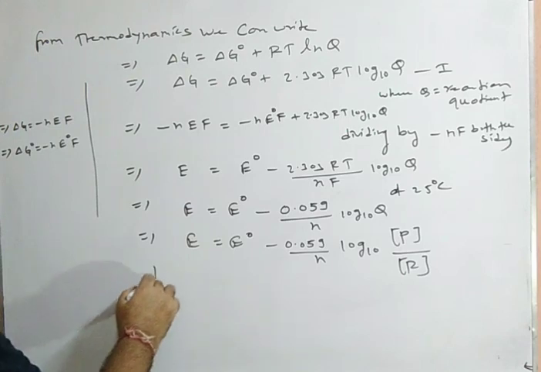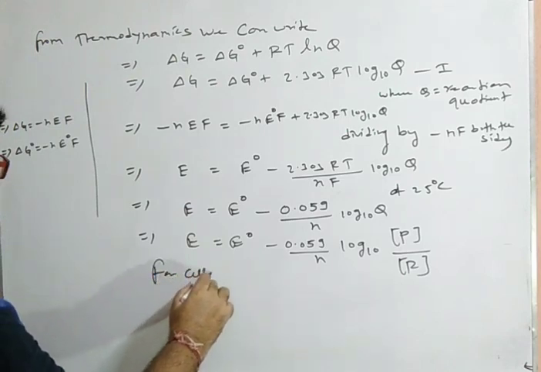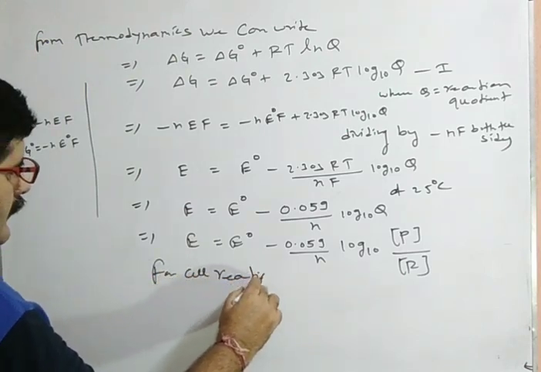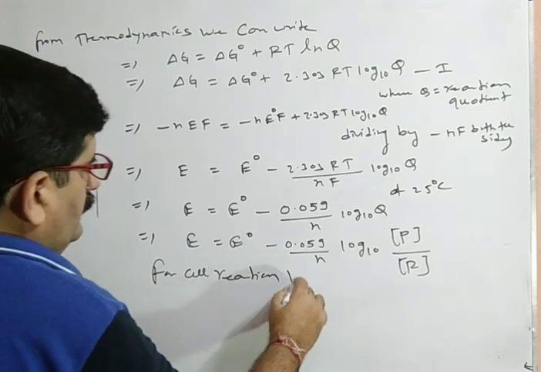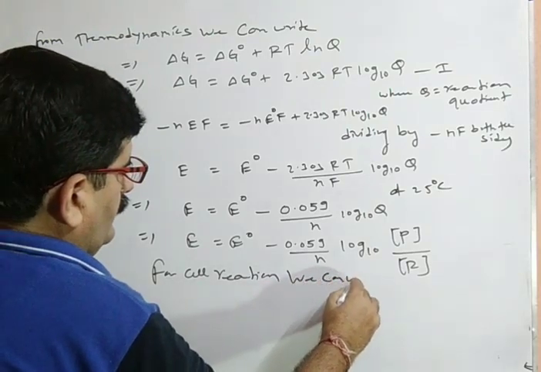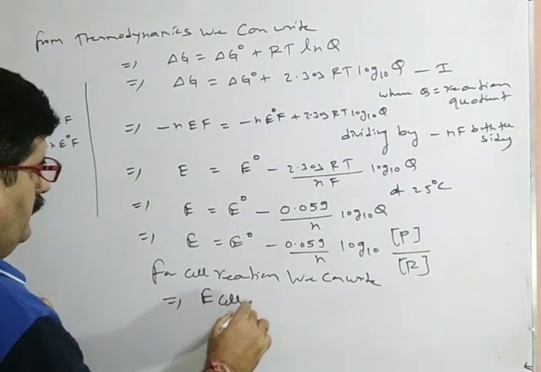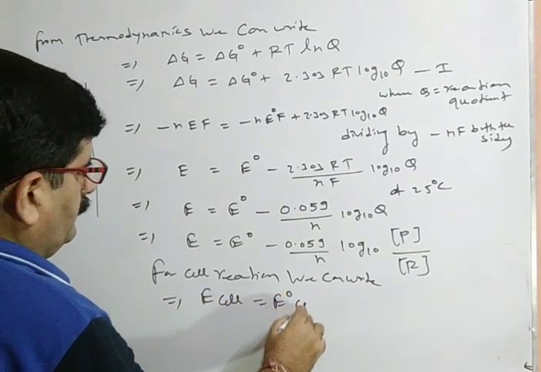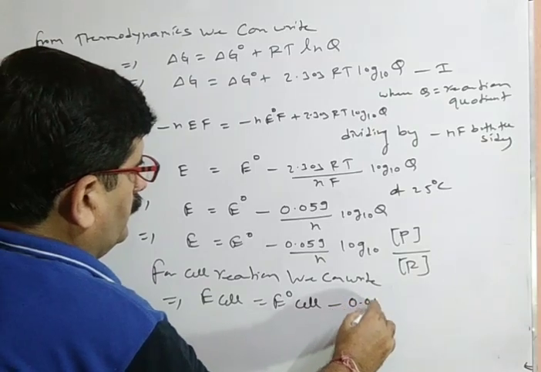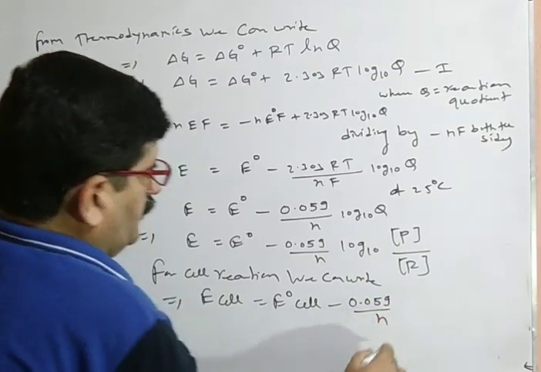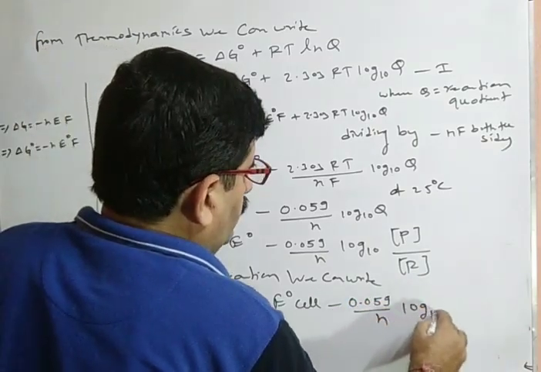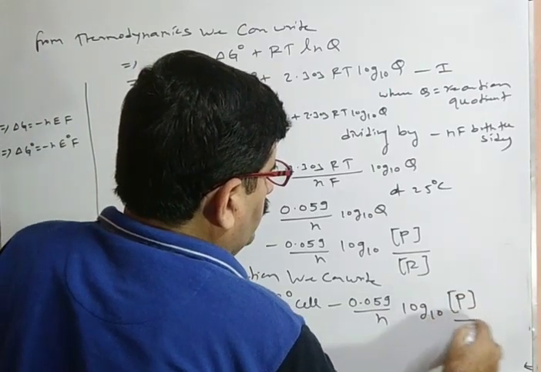For cell reaction, we can write E cell is equal to E naught cell minus 0.059 by n log base 10 P by R.